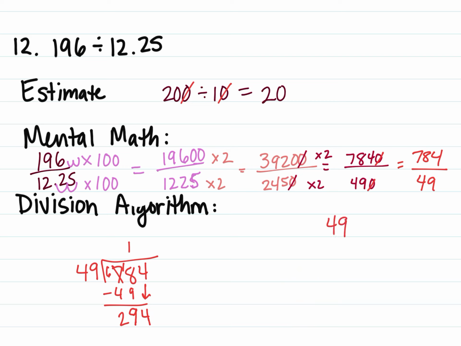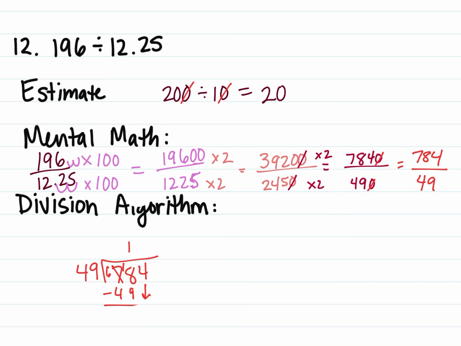So let's try 5 sets of 49. 9 times 5 is 45. 5 times 4 is 20, plus 4 more makes 24. If I borrow from the 9, 14 minus 5 is 9, and 8 minus 4 is 4. So it looks like I could fit one more in there.